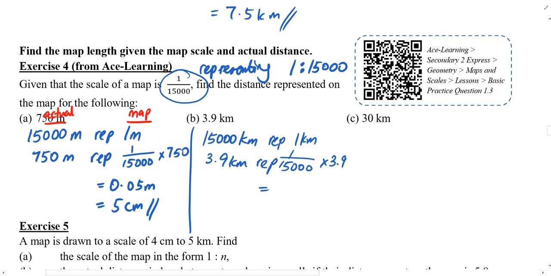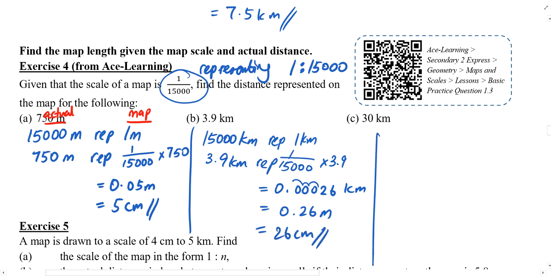So 3.9 divided by 15,000. I get 0.00026 kilometers. So now I don't want it in kilometers, right? So I change it to meters. So times 1,000, 0.26 meters, which is 26 cm. So that's for part B.